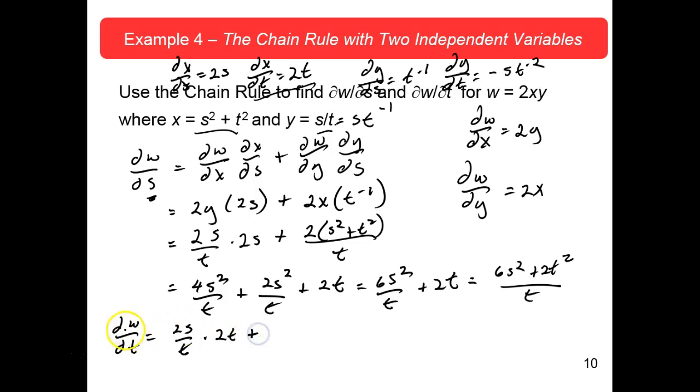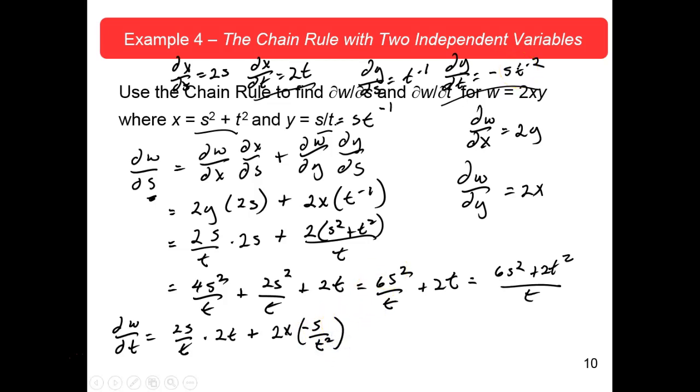Okay. Plus the partial of w with respect to y, which is exactly what we had before, 2x, times partial of y with respect to t. The partial of y with respect to t was up here, and this would be times minus s over t squared.